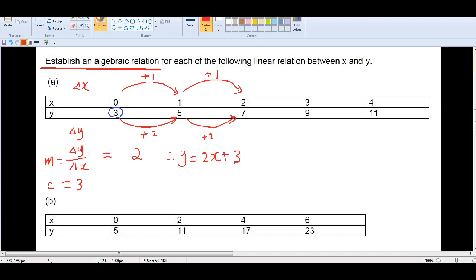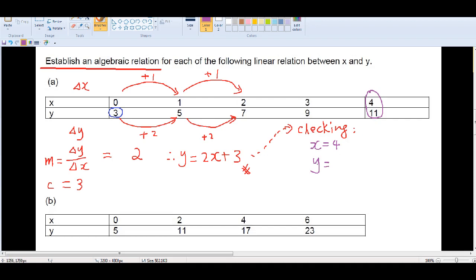But how do we know this is correct? This will be the answer, but how can we know? In the examination, to make sure you got the correct answer, you need to do some checking. How can we do the checking? We can use the last pair of data, x equal to 4, y equal to 11. Could we see that when x equals 4, y is really 11?